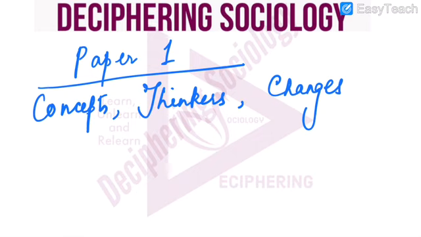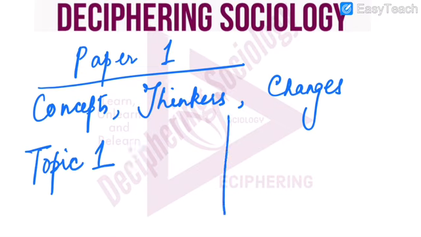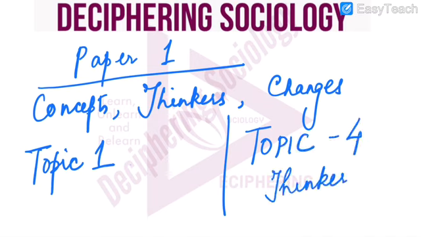Now, there are two ways of starting paper 1. You can either start by following it sequentially from topic 1, which is emergence of sociology, and then going to the next topic, or you can go directly to topic 4, which is the thinkers.